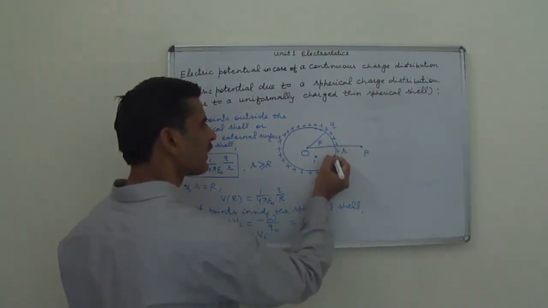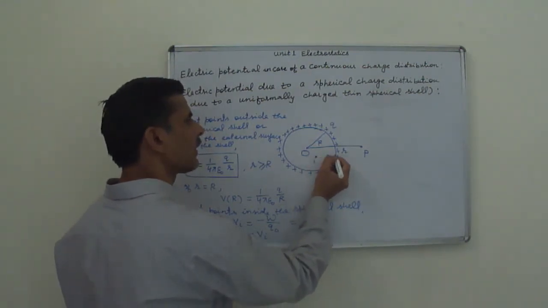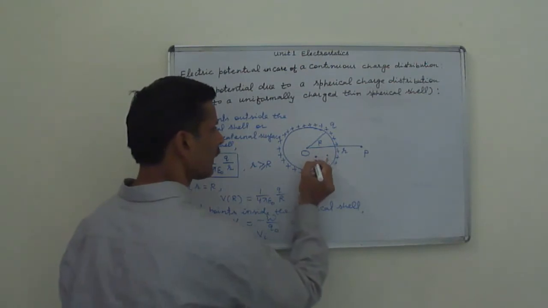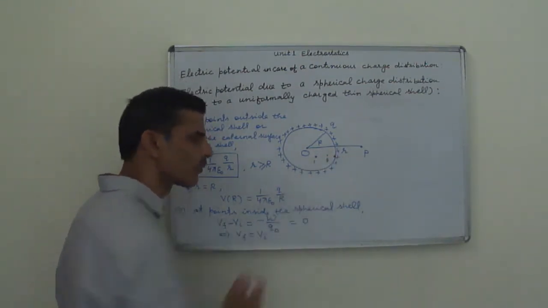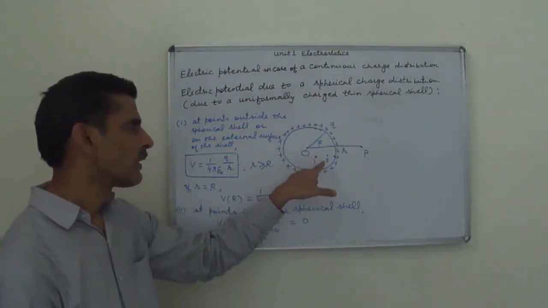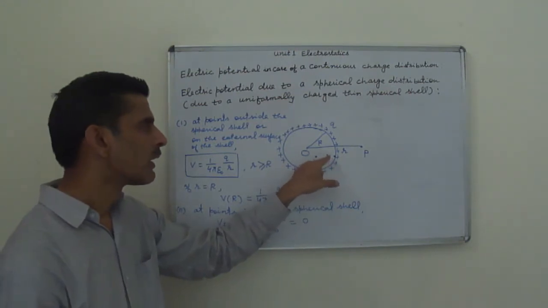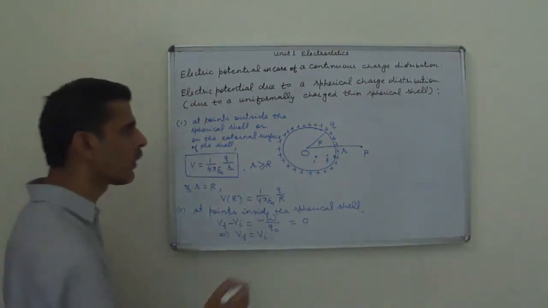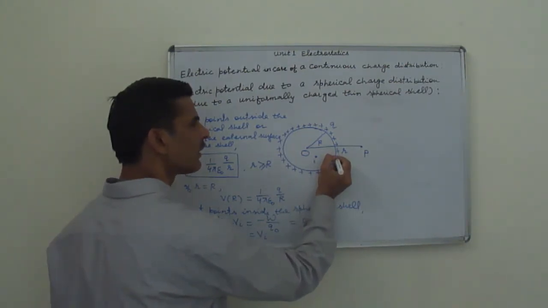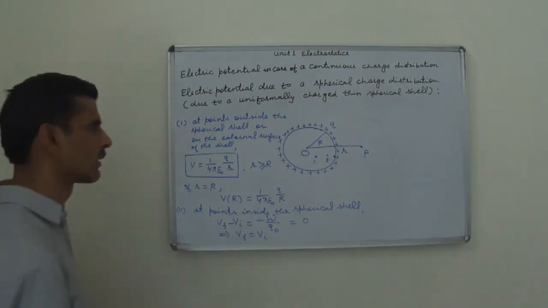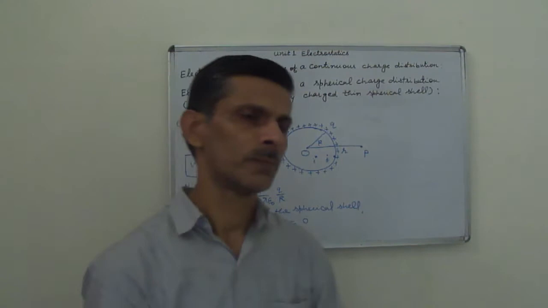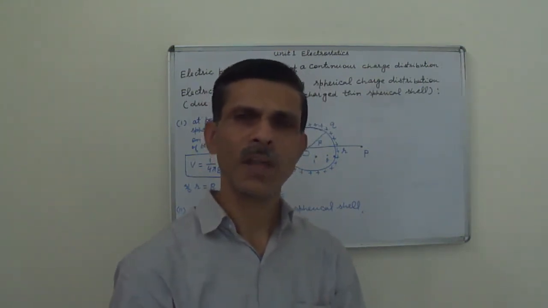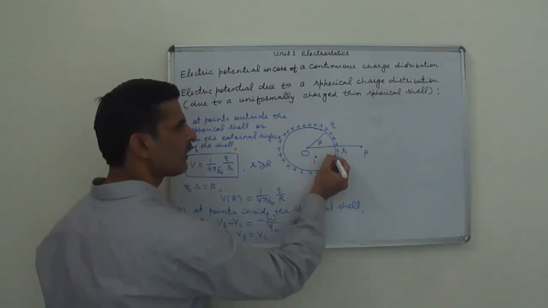If we consider one point on internal surface, say our F point, final point, this is on internal surface, and you know, at points on internal surface electric field is 0 inside spherical shell.